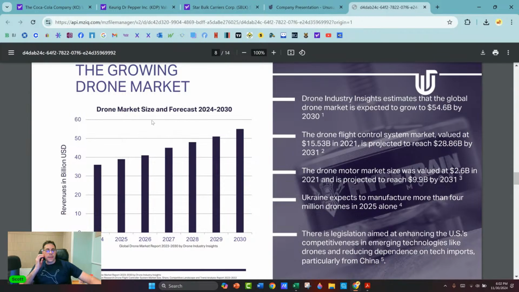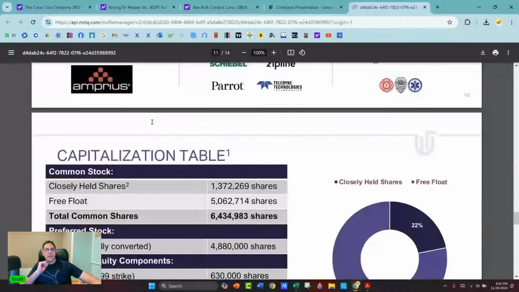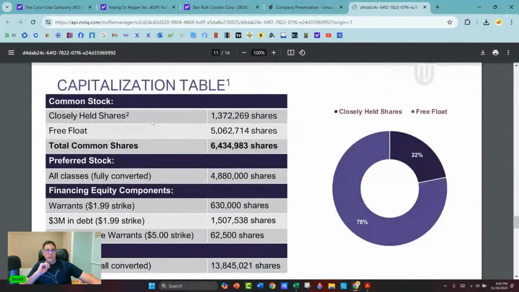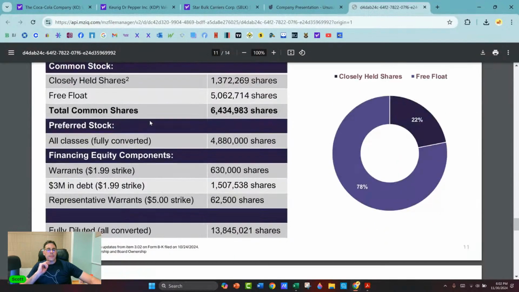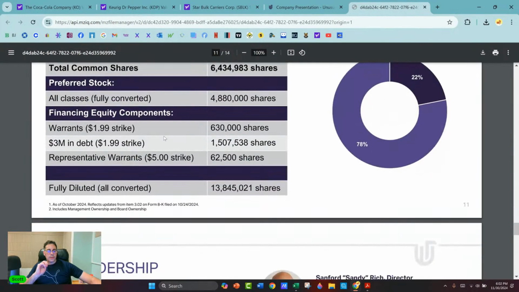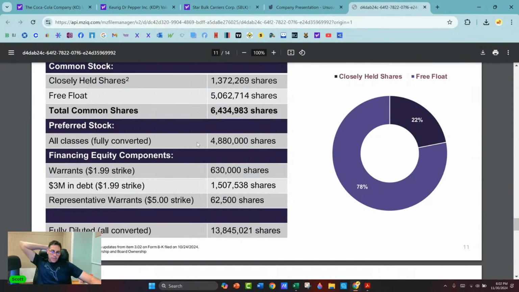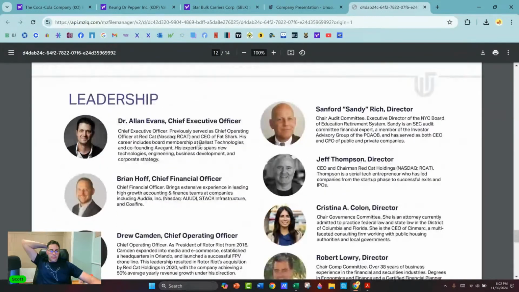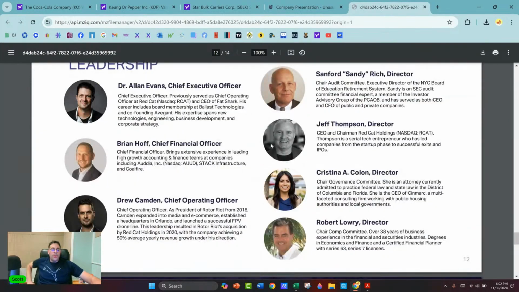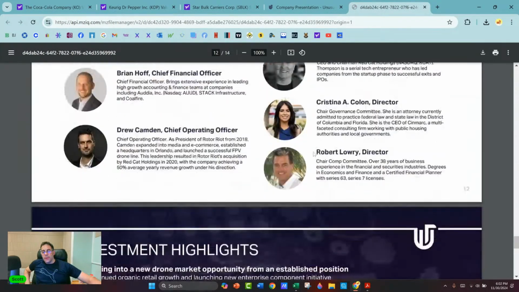The drone market size. $13 million of fully diluted shares. So if you own the stock, you're going to get totally diluted out, and it's not going to be worth anything in a couple of years.